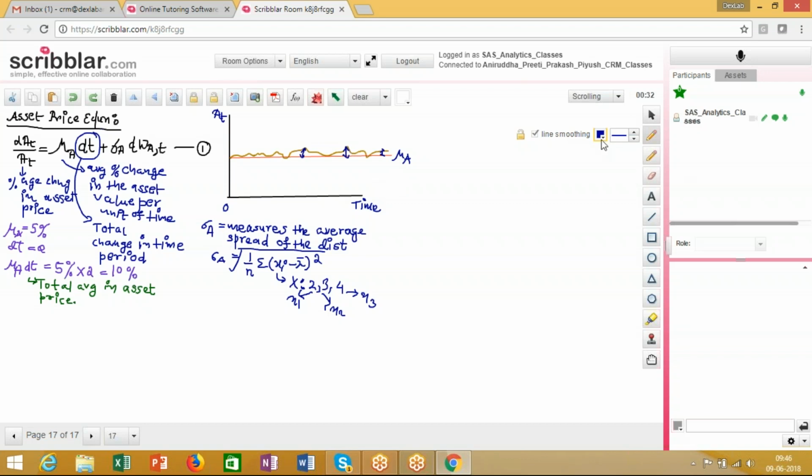So this measure is an average measure of dispersion, right? And since it's an average, it is a constant value.